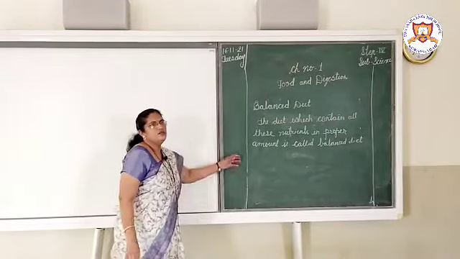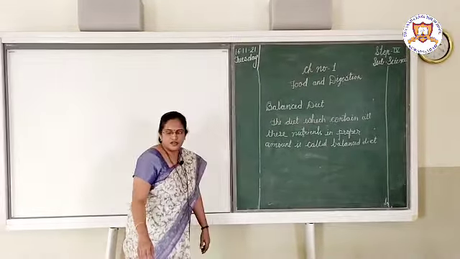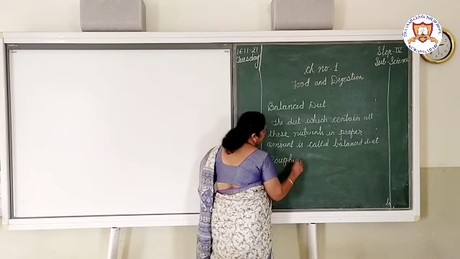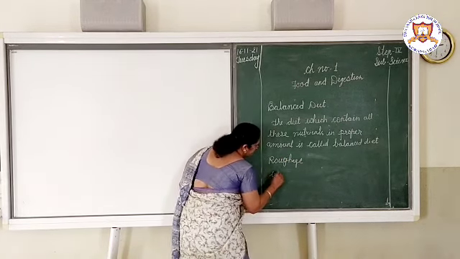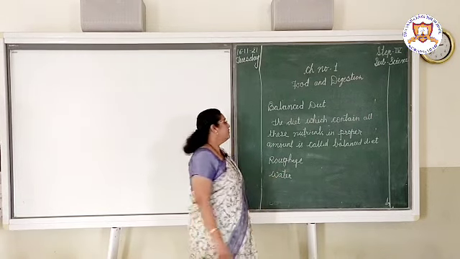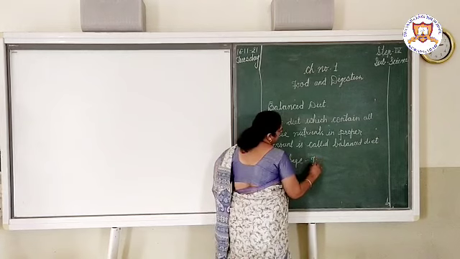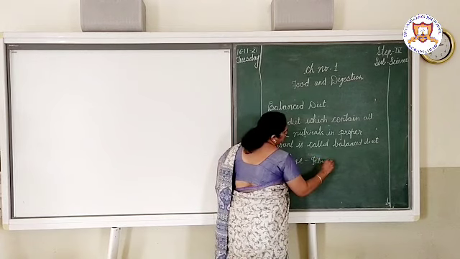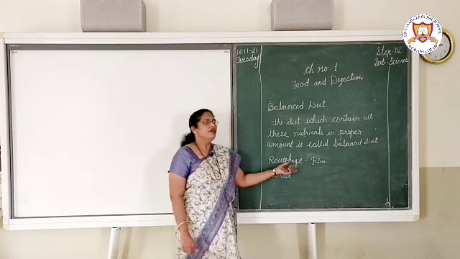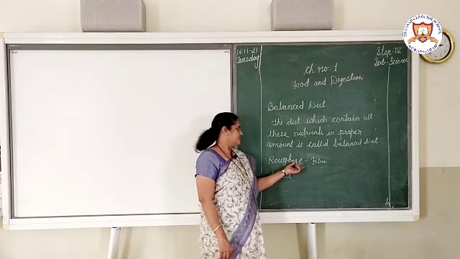So, along with these nutrients, roughage and water are also important in our diet. What is meant by roughage? Roughage is the fiber present in our food. We get roughage from different plants and plant products.